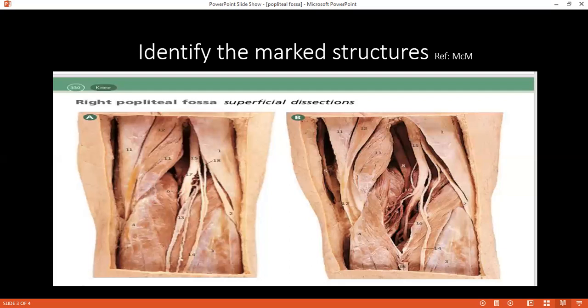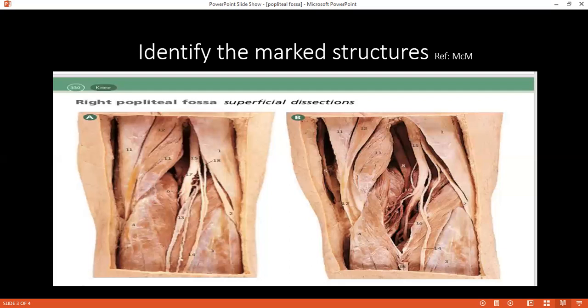All right. Can you please tell me the course of the common peroneal nerve? Common peroneal nerve originates from the sciatic nerve just below the popliteal area, on the popliteus muscle, and it courses laterally and winds around the neck of the fibula.